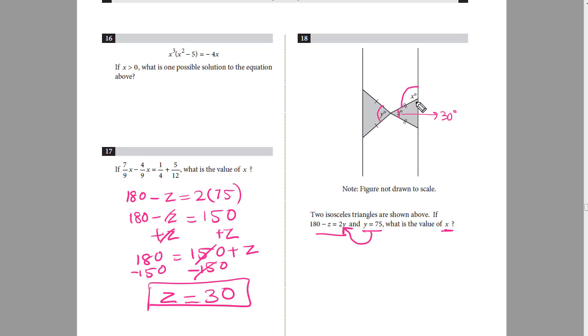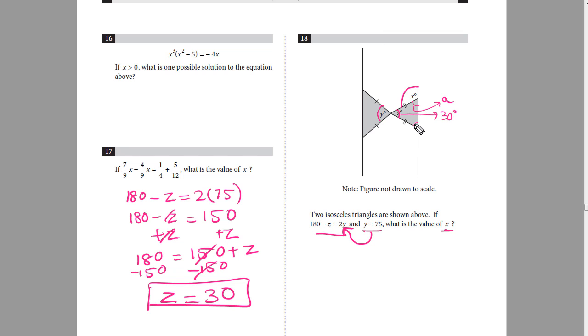Because this is an isosceles triangle, these two sides are equal. So if these two sides are equal, these two angles will also be equal. Alright, now I will find out this angle. Let's suppose this angle is angle A. Okay, so in a triangle the sum of all the angles is equal to 180 degrees.